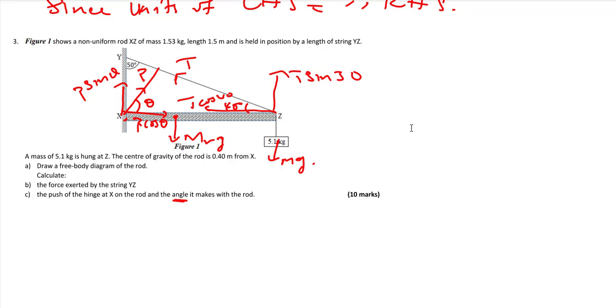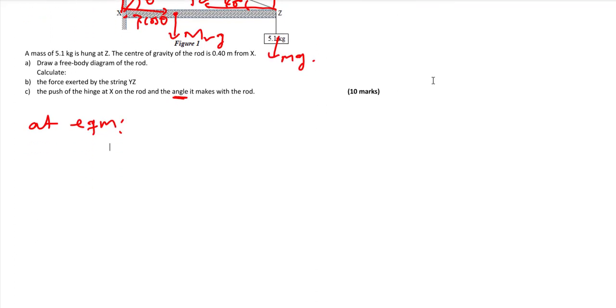Now the next thing we have to do is to resolve under equilibrium conditions. You see that at equilibrium, the horizontal forces will balance up and the vertical forces will also balance up. Now if we balance up our vertical forces, at equilibrium, the sum of forces in the y direction will be equal to 0.